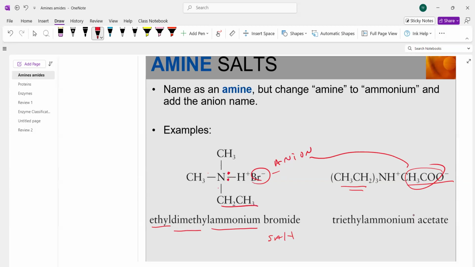So we have an ethyl group, 2 methyls, so it's ethyldimethylammonium bromide. 3 ethyls, triethylammonium acetate.